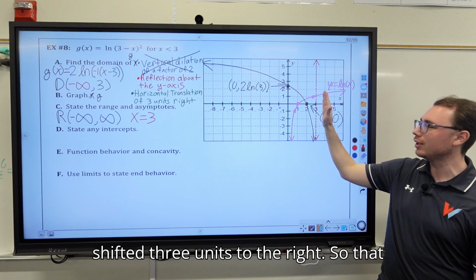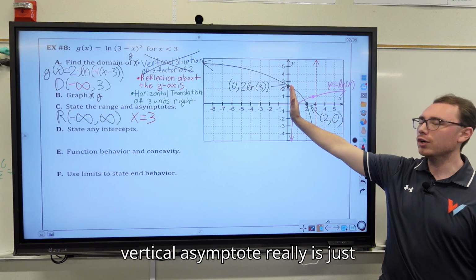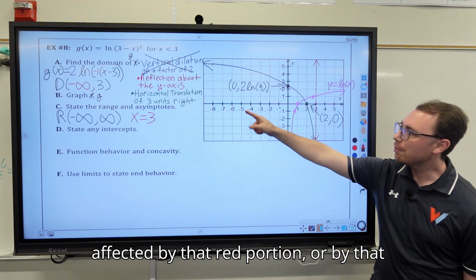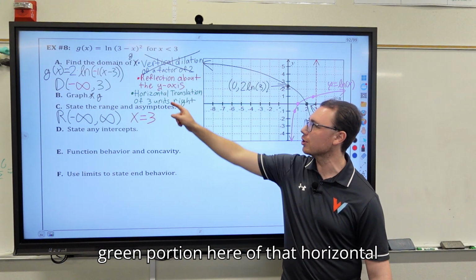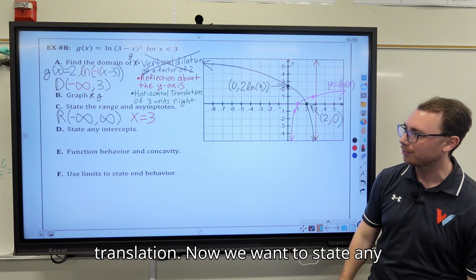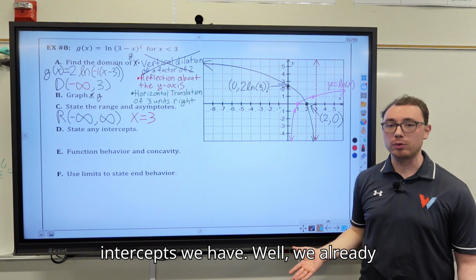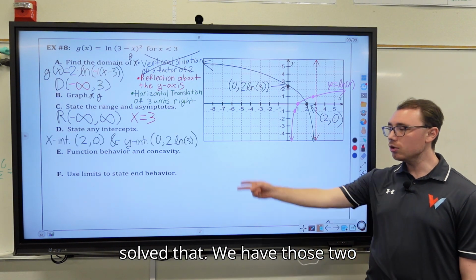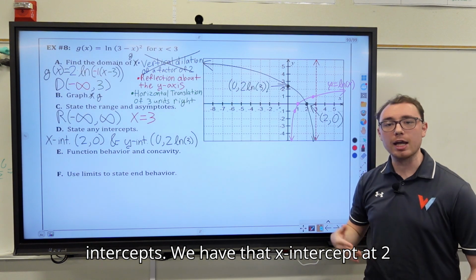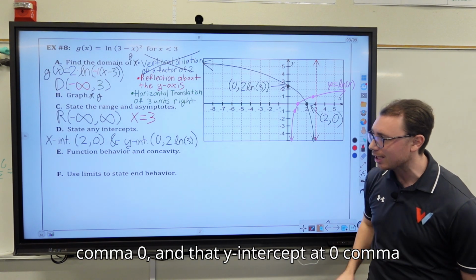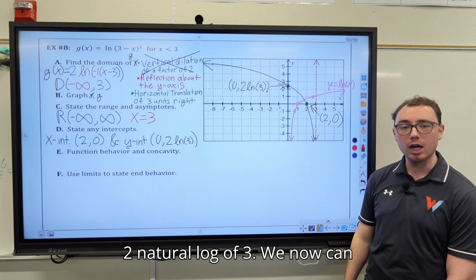It just gets shifted 3 units to the right. So that vertical asymptote really is just affected by that green portion here of that horizontal translation. Now we want to state any intercepts we have. Well, we already solved that. We have those 2 intercepts. We have that x-intercept at 2, 0, and that y-intercept at 0, 2 natural log of 3.